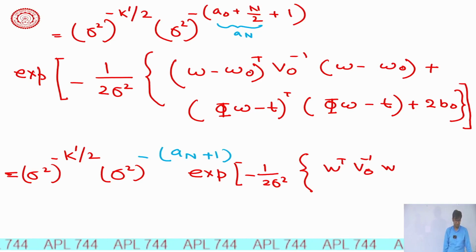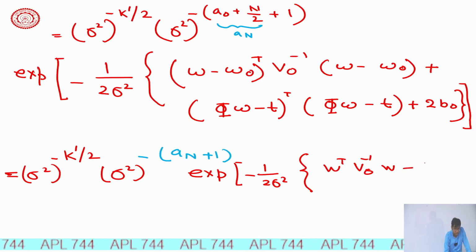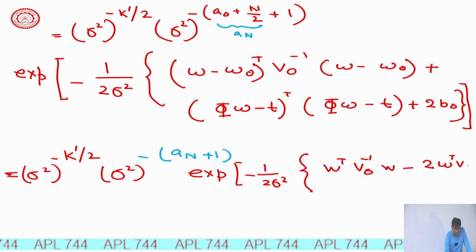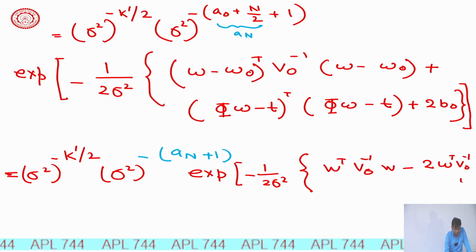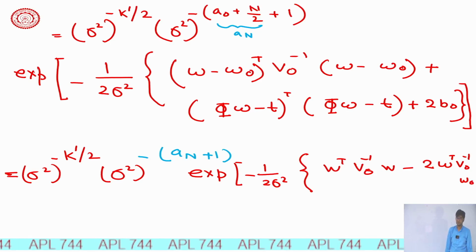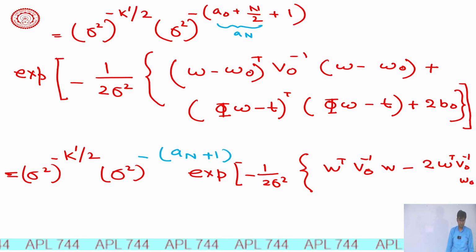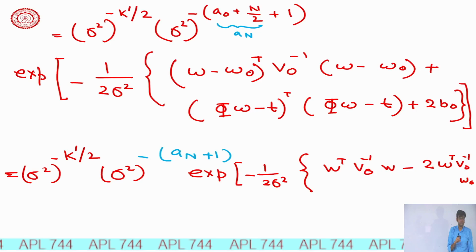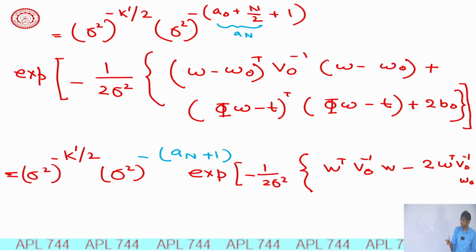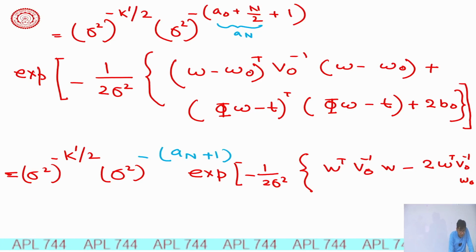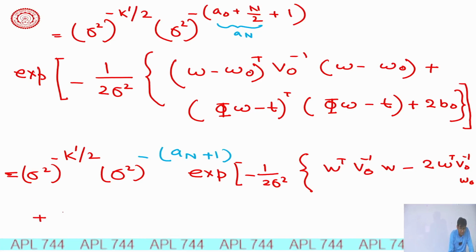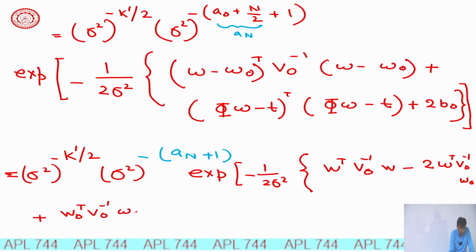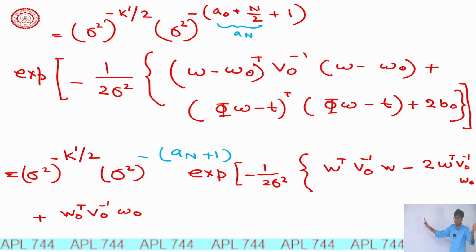The second term minus 2 W transpose V naught inverse W naught. The third term will be W naught transpose V naught inverse W naught, right. So, this is the first bracket I have opened.